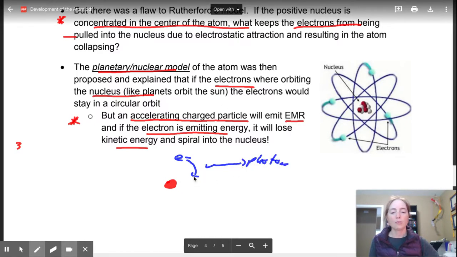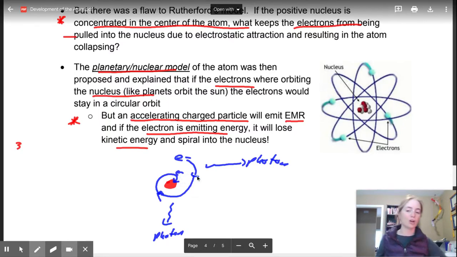Okay, well, then it would have less energy and would spiral closer, but it's still curving. So then it would beam off another photon. Okay, well, then as this process continues, it loses its kinetic energy, and then we have an electron colliding with a proton. And atoms don't work like that. So that is the big source of error in Rutherford's model.